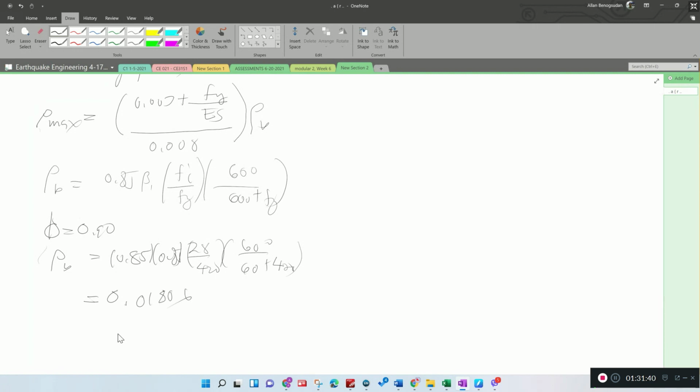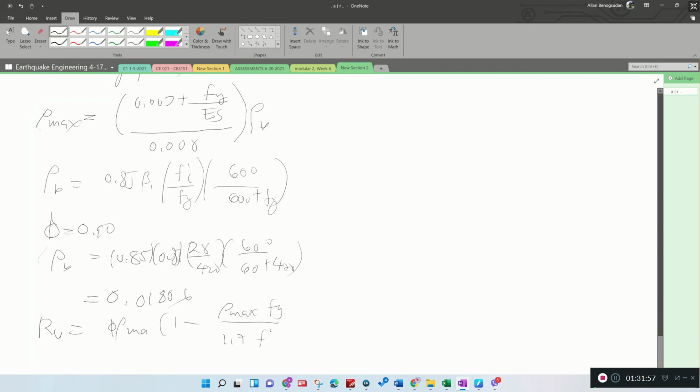Okay, then rho max. I gave this one in the flexural analysis handout. You have it. Then rho max is equal to 1 minus rho max again. Then multiplied by Fy. Then 1.7 f'c, then multiply it with it. Okay?